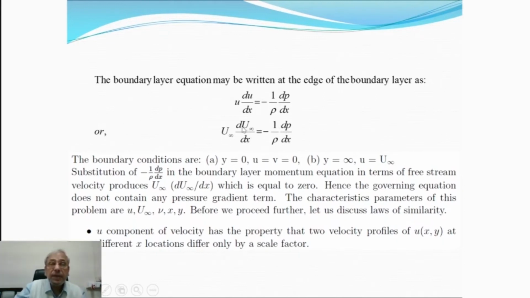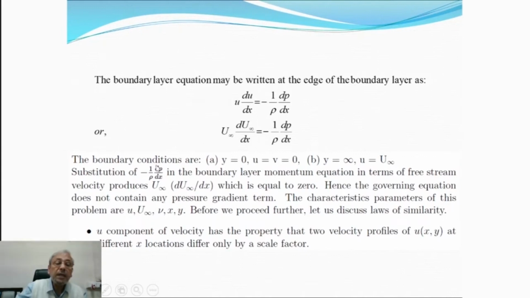Since u∞, that is the free stream velocity for flow over a flat plate, doesn't have any gradient, dp/dx is basically 0. So we have formally written down the boundary conditions: at y equal to 0, u equal to 0, the no slip condition, v equal to 0, the impervious condition, and at y equal to infinity, u equal to u∞.